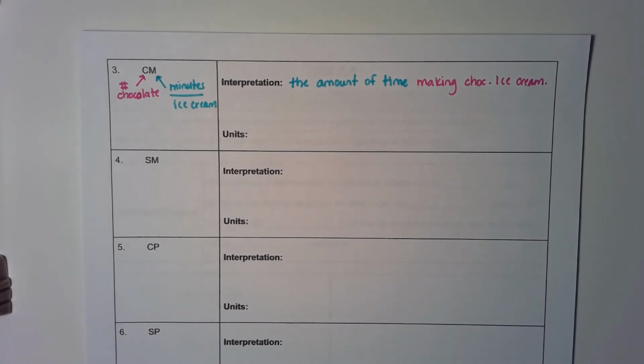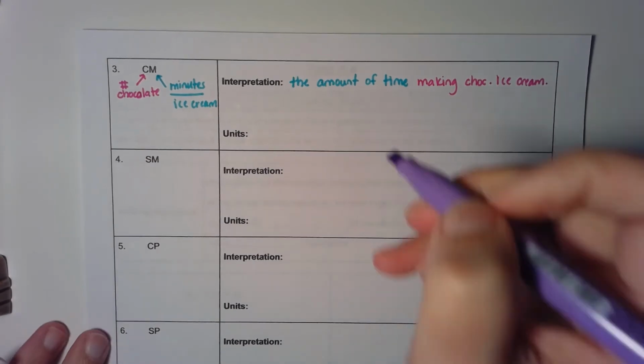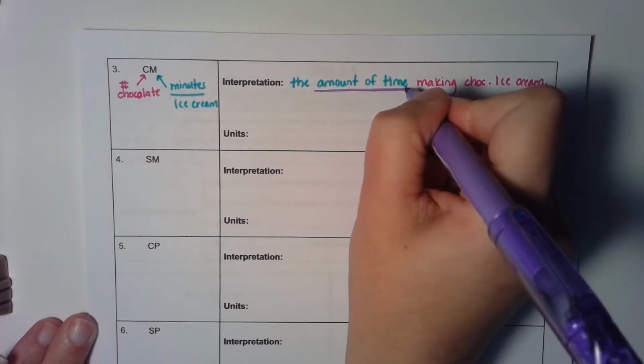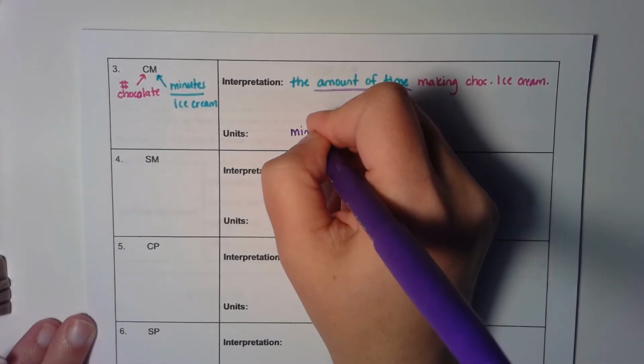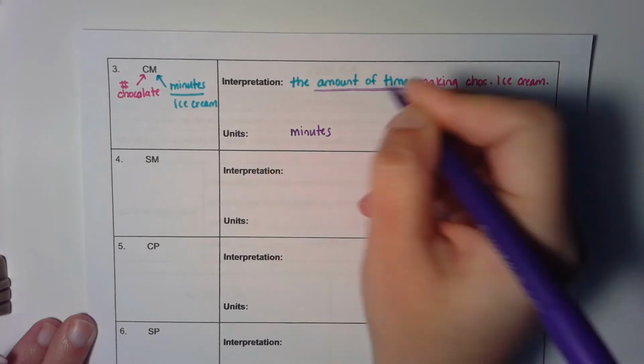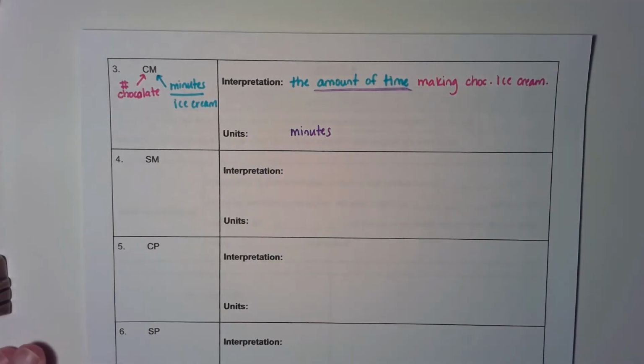As our units, since we're measuring the amount of time that it takes to make chocolate ice creams, our units here would just be minutes, because we're finding the time. If we have SM, it's very similar.